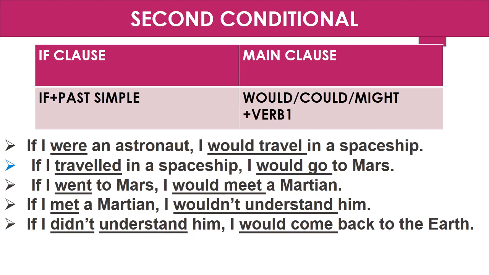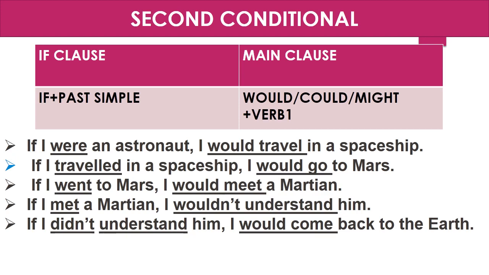Then next, if I met a Martian, I wouldn't understand him. Last sentence, if I didn't understand him, I would come back to the earth. So in last sentence also, past indefinite tense is used, didn't understand, and in main clause, would come is used. So this is second conditional sentence.